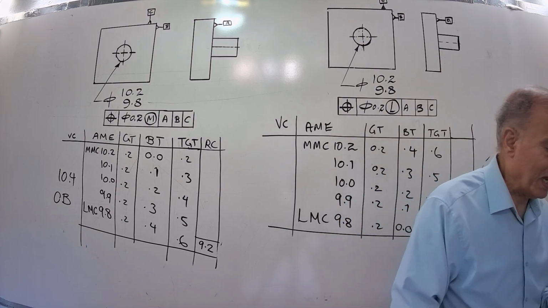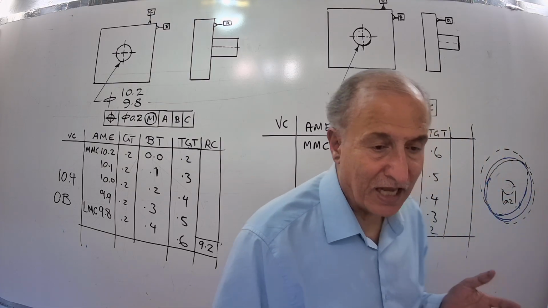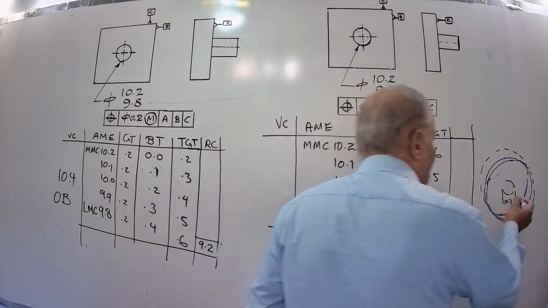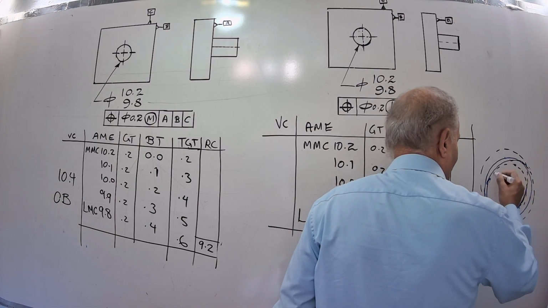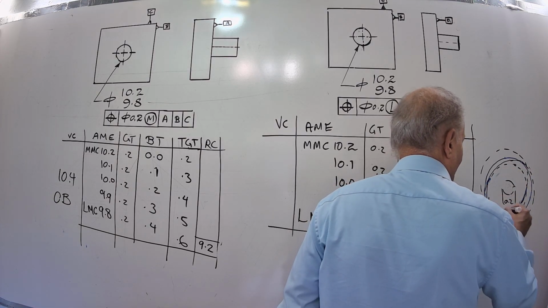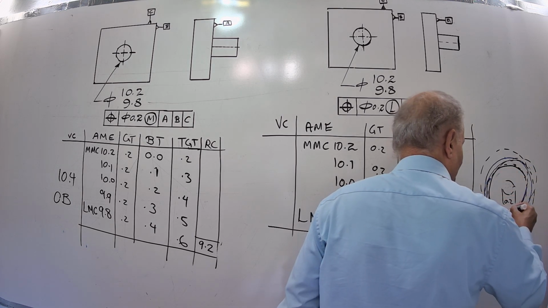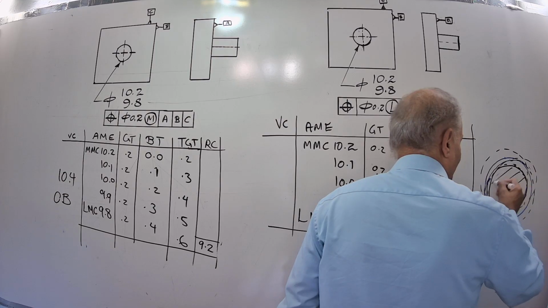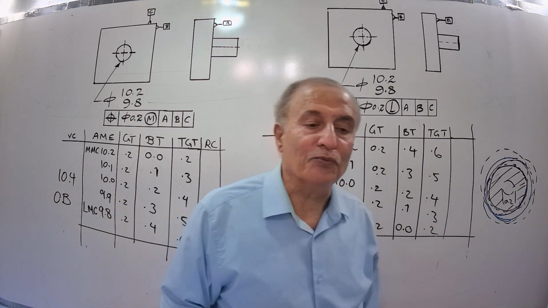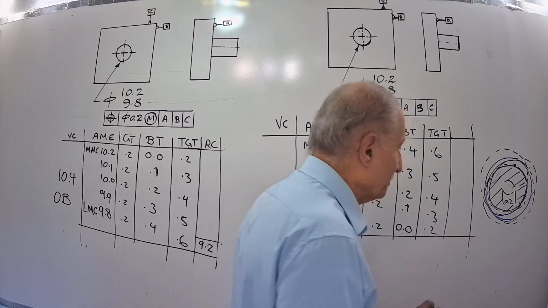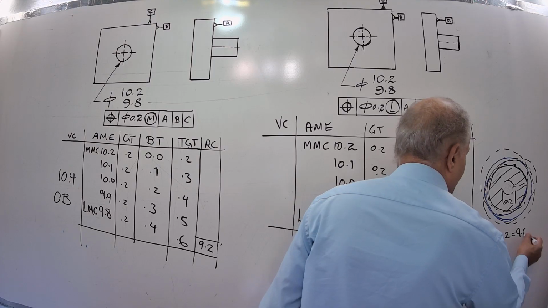Then we will see that the largest circle that can inscribe here between all circles, the largest circle that can inscribe here, is the inner boundary. Then inner boundary is 9.8 minus 0.2, 9.6.